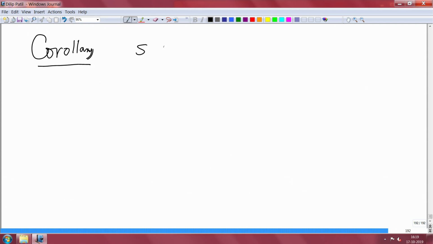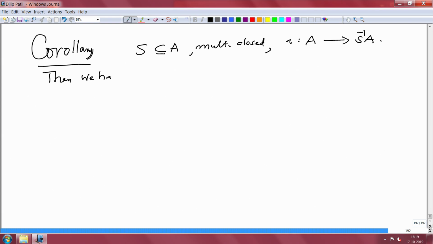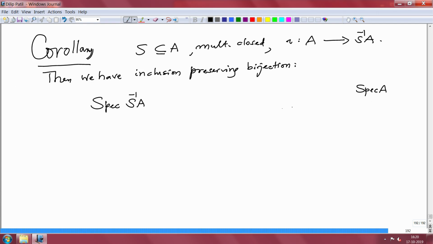So S multiplicatively closed, and iota is this map A to S inverse A. Then we have an inclusion preserving bijection from spec of S inverse A, and not on the spec of A, because some of the guys are becoming units.